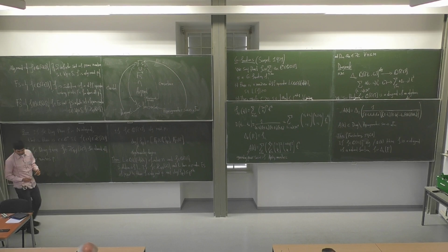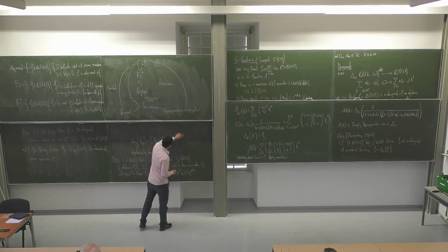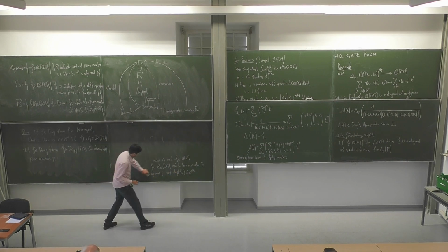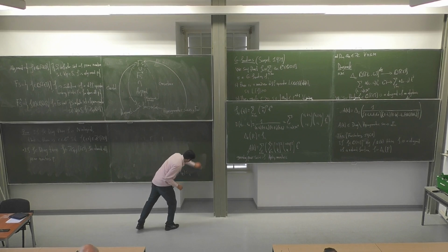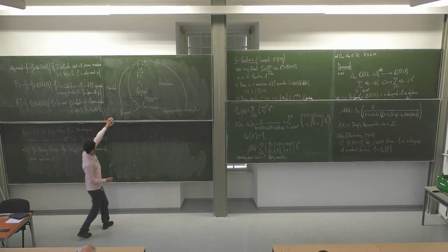Another point is the result due to Deligne and Fürstenberg. This result is important because it connects something in this diagram.